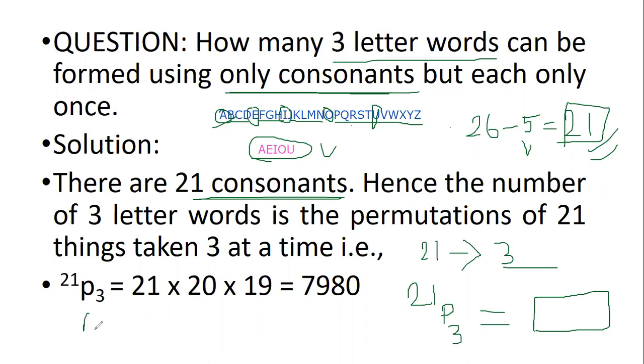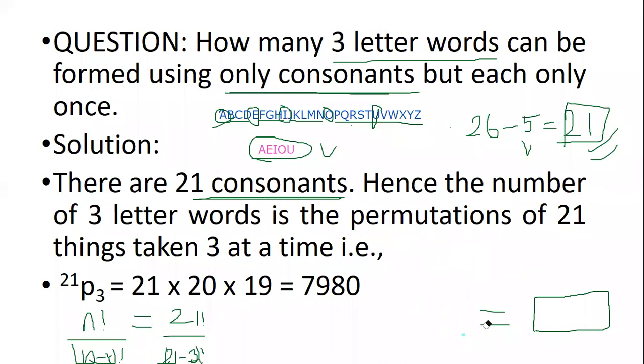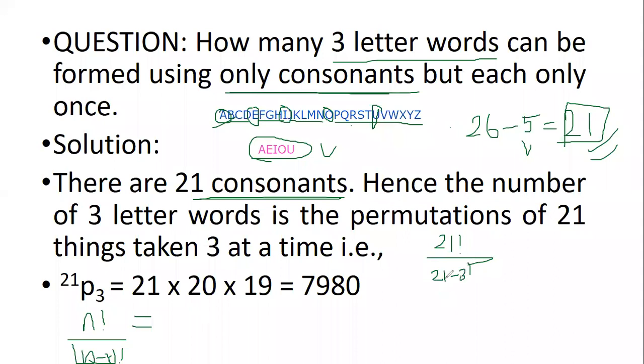You can use the formula n factorial divided by n minus r factorial. So 21 factorial divided by 21 minus 3 factorial. So what is 21 minus 3?